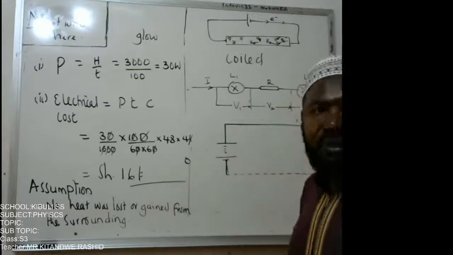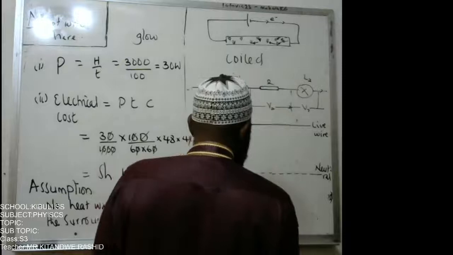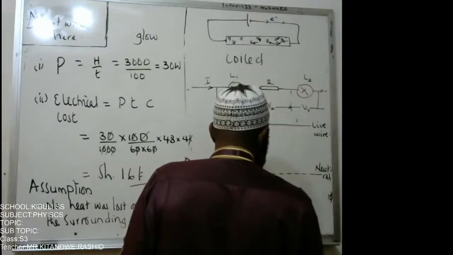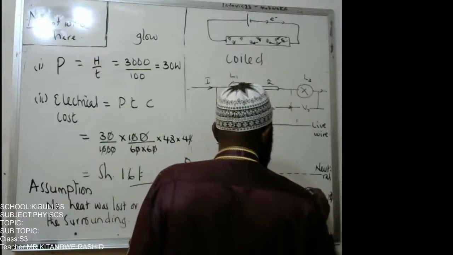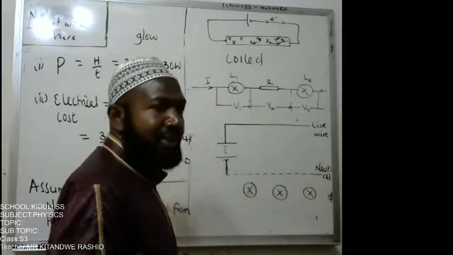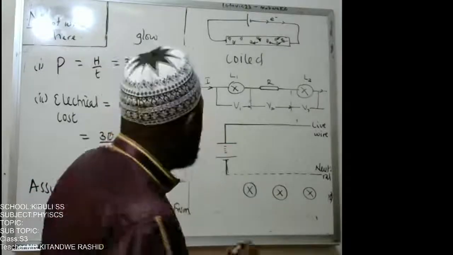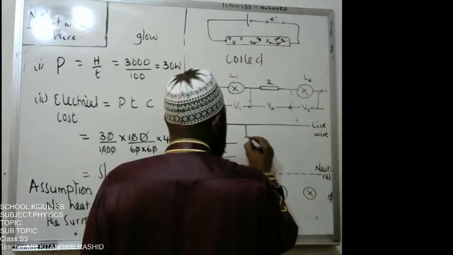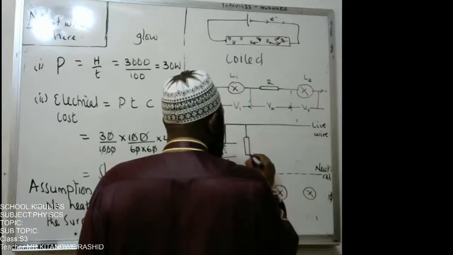But now, these are the bulbs. You can have bulb 1, bulb 2, and bulb 3. You want to connect them in what? In parallel. So here, you get the fuse. Because the fuse is usually connected to the live wire.